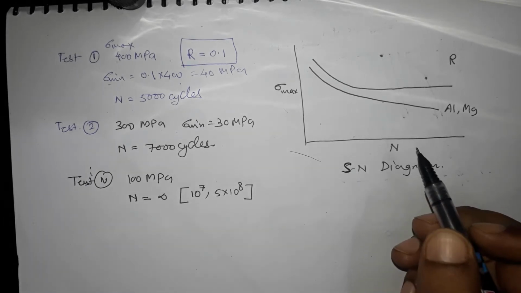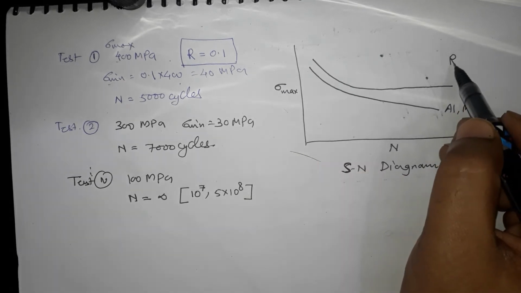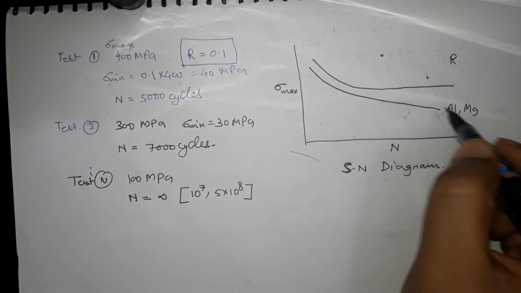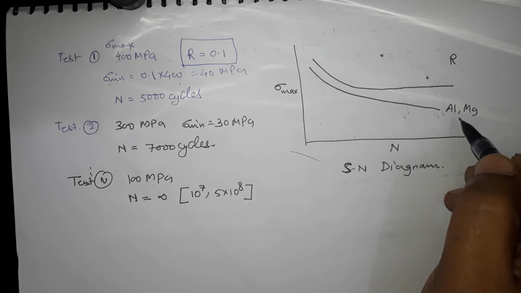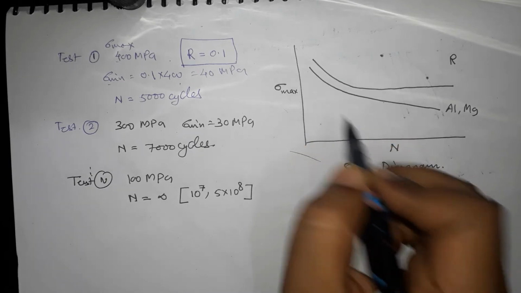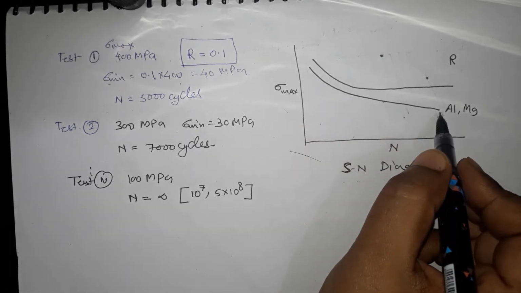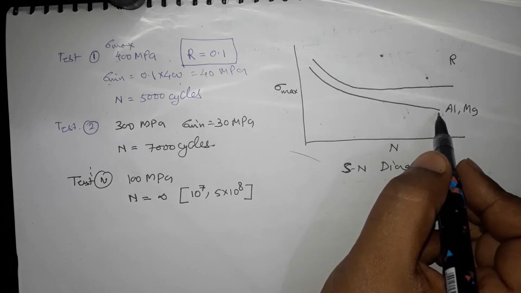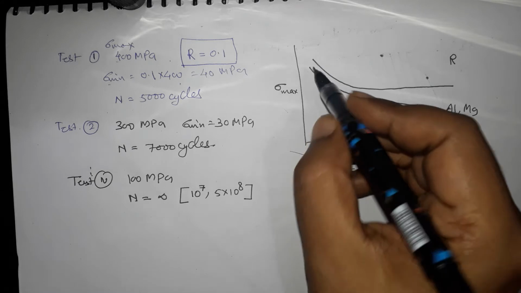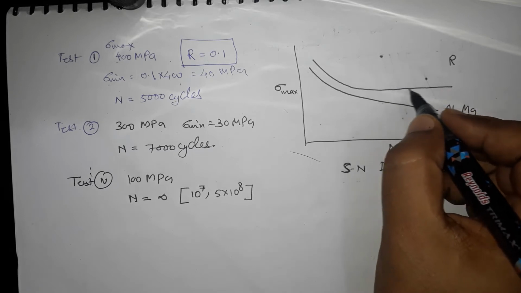So when you plot sigma max at constant R ratio, for some materials the stress versus number of cycle curve looks like this. And especially for steels, the curve looks like this, and the line becomes flat.